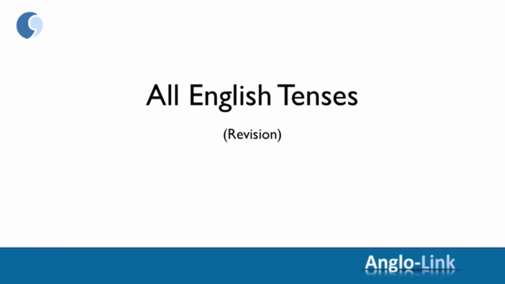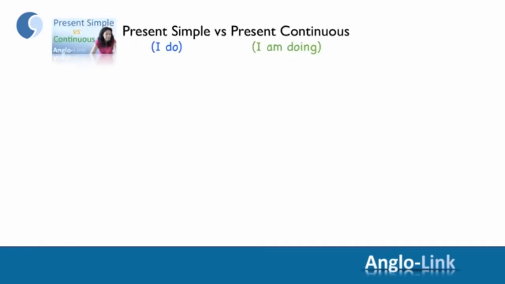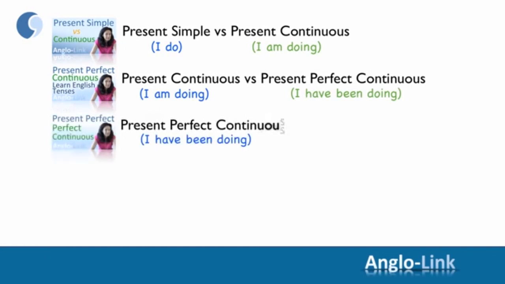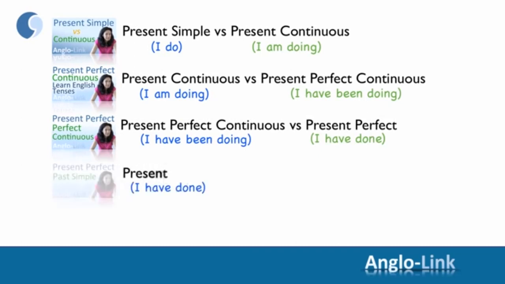So, just to remind you, in the first video, we looked at the difference between I do and I'm doing. Then, we looked at the difference between I'm doing and I have been doing. In the third video, we looked at I have been doing and I have done. And then we moved on to the difference between I have done and I did.